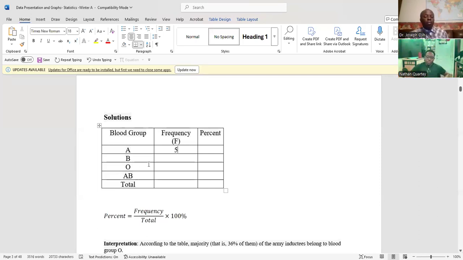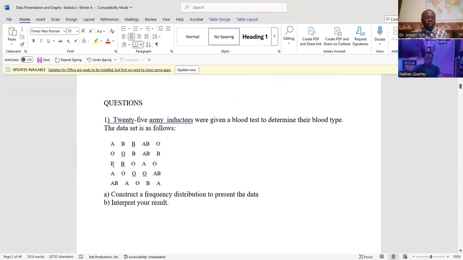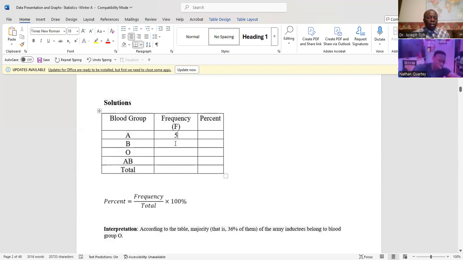Next, we group B. You go up and count them. 1, 2, 3, 4, 5, 6, 7. You put 7 right here.